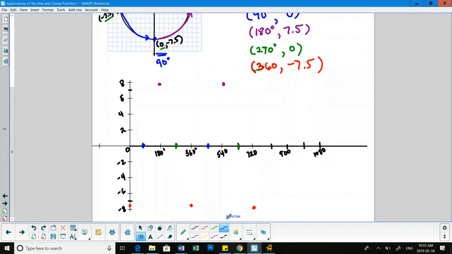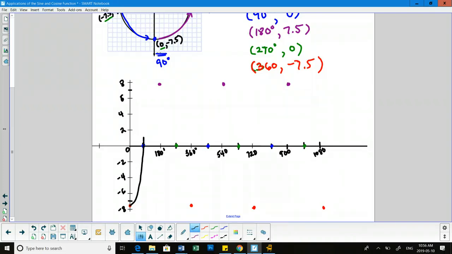So every single time this horse goes around the carousel, it's hitting the same horizontal displacements as it goes around to these points, right? That's why we have a constant speed and it's hitting the same points again and again and again. So it's just going to be the same pattern over and over. Okay, and then our last point here is 1080 down at negative 7.5. All right, so here we go.